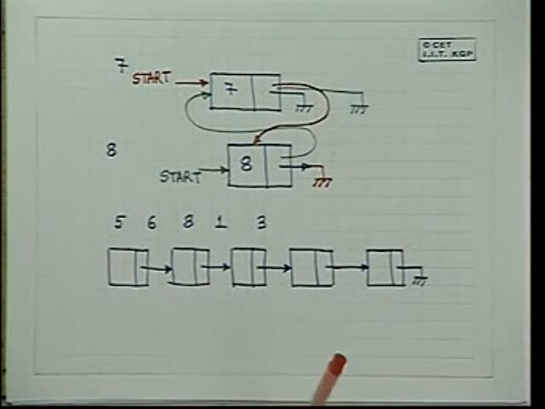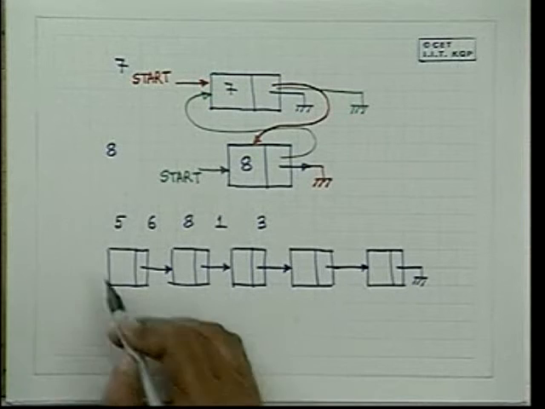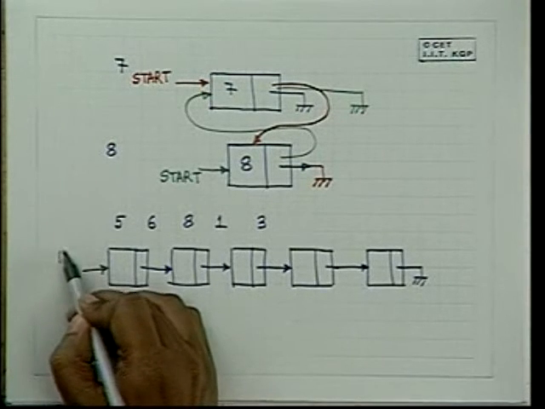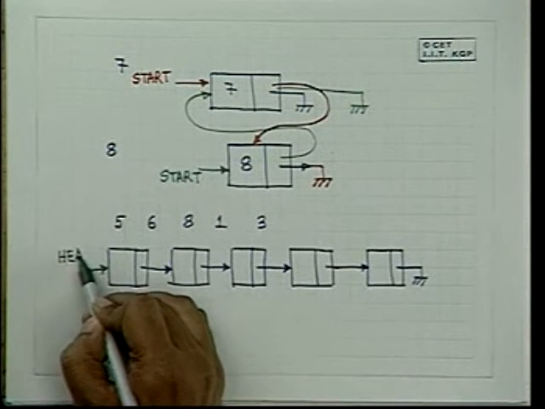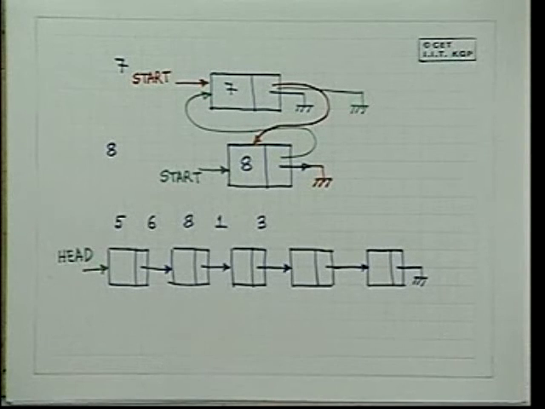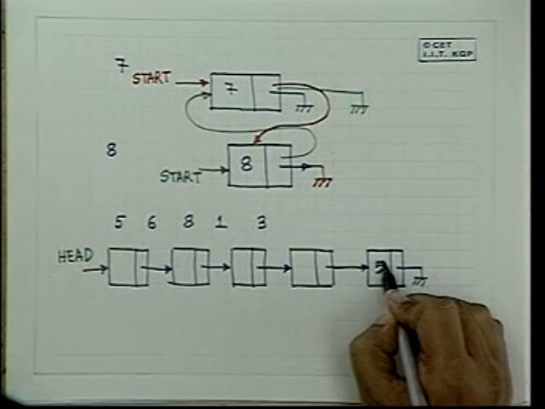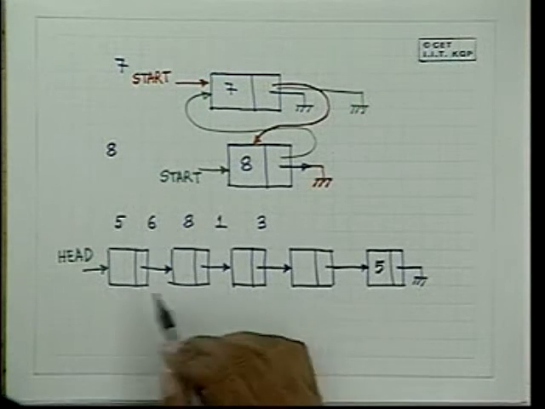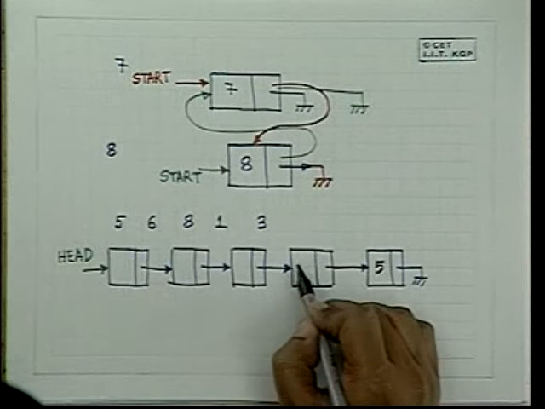it will look like this. This will be the start or the head of the list, and the data elements will be stored, because the new element is put in the front.